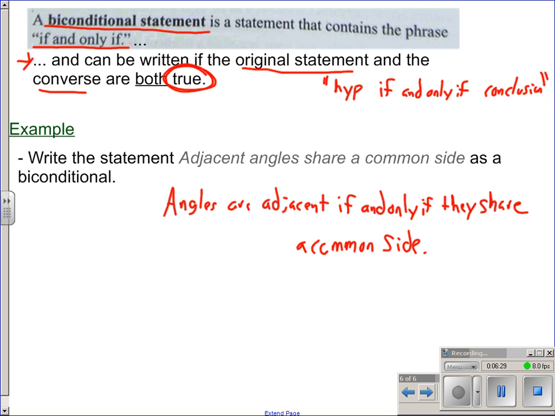That is our biconditional statement. And that's the definition of adjacent angles. Angles are adjacent if and only if they share that common side. That's what our definition for that thing says.